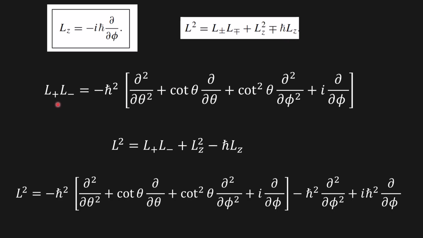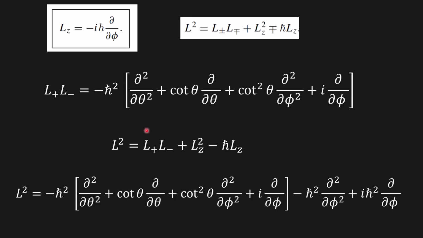Now from section A we have seen L plus multiplied by L minus: L plus L minus is equal to minus h cross squared delta 2 over delta theta 2 plus cos theta delta over delta theta plus cot squared theta delta 2 over delta phi 2 plus i delta over delta phi.